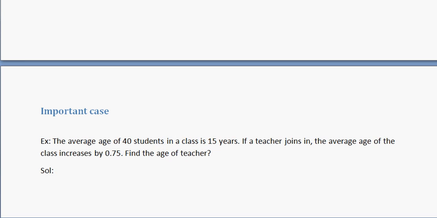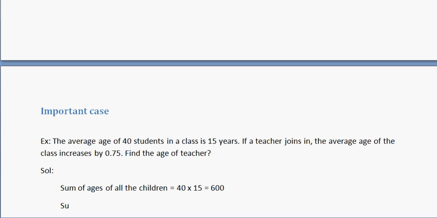Now we know that average is equal to sum of observations divided by number of observations. So we can find the sum of ages of all the children, which would be equal to 40 multiplied by 15, right? So this would be the sum of ages of all the children.